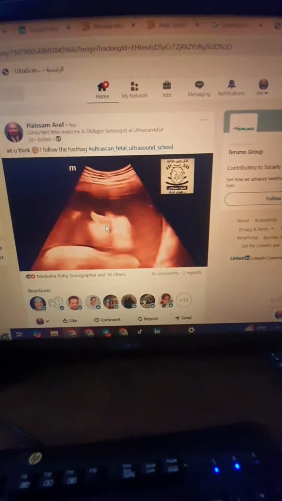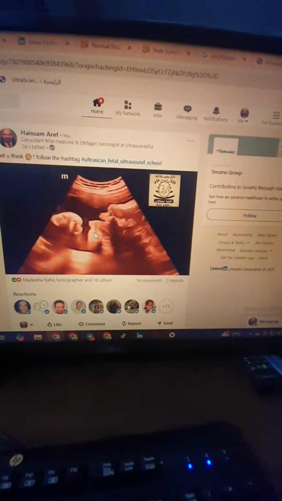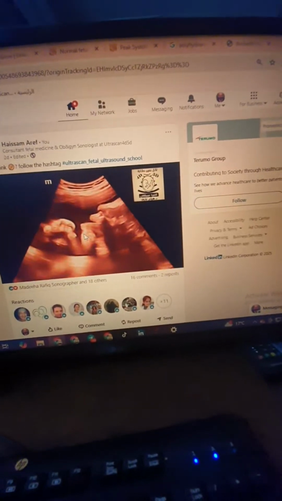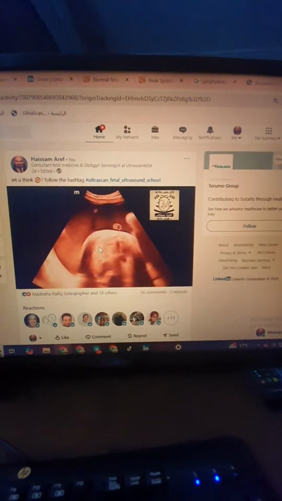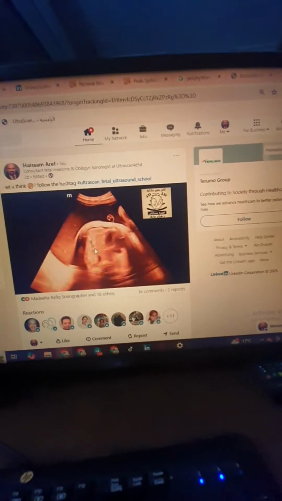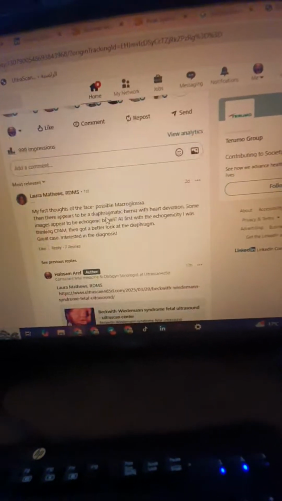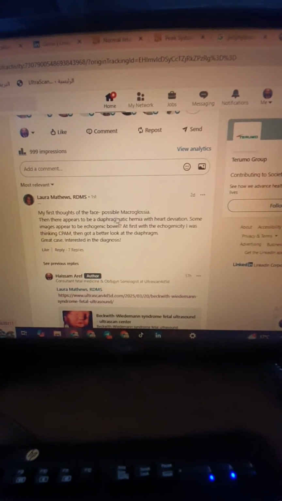No, it's a case of macroglossia. The tongue is substantially large, giving the appearance of macroglossia, and it's not that the mandible is small. So the first thought, like Laura said, is macroglossia.